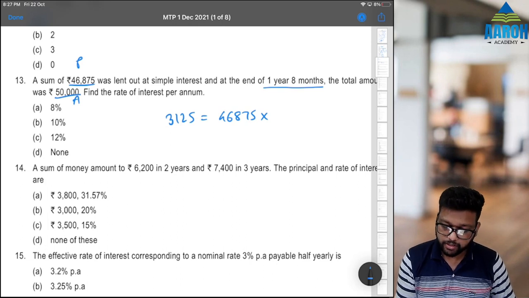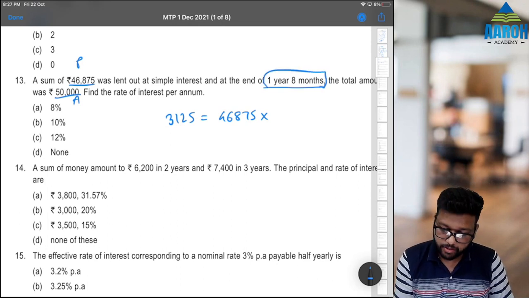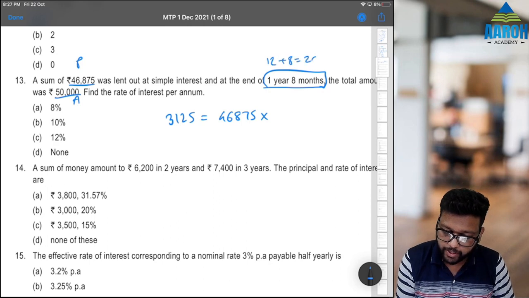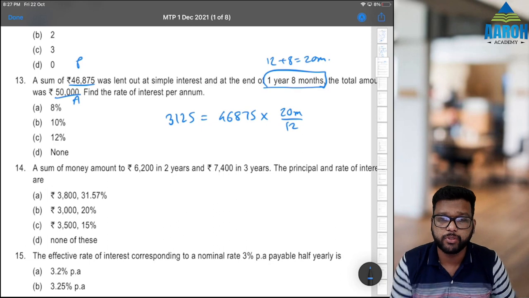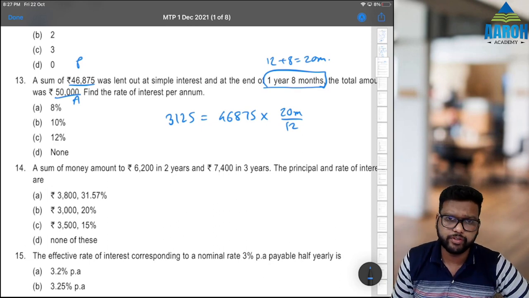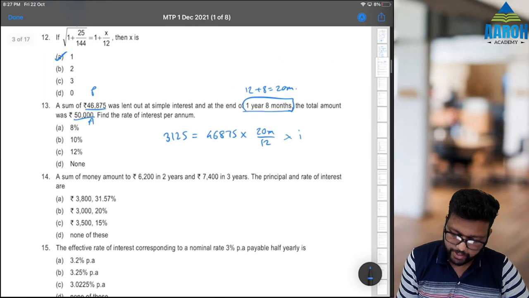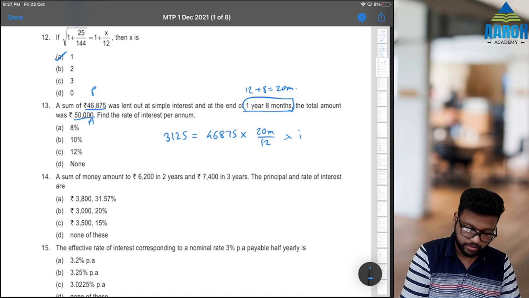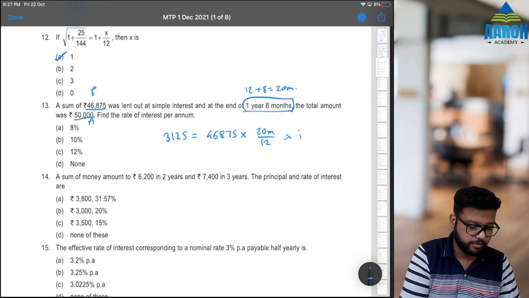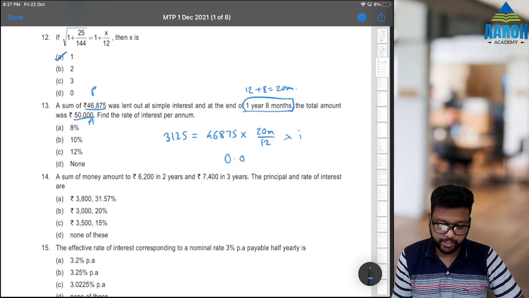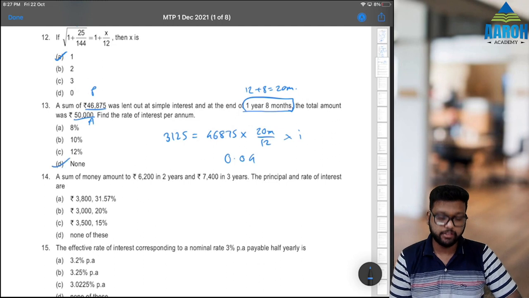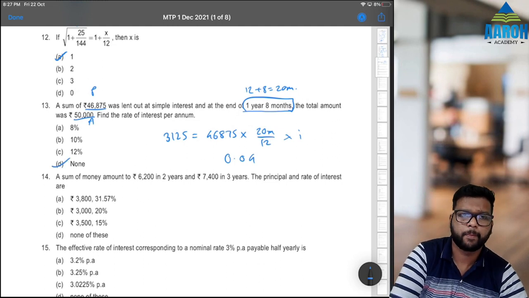Number of years will be, 1 year 8 months means what? 12 months plus 8 months, that is 20 months, right? So 20 months by 12, that will be the number of years, because to convert months to years we have to divide by 12, right? Into interest rate. So interest rate will be 3125 divided by 46,875 divided by 20 into 12. 0.03999, that is 4. So 4%. None of the above is the correct answer.